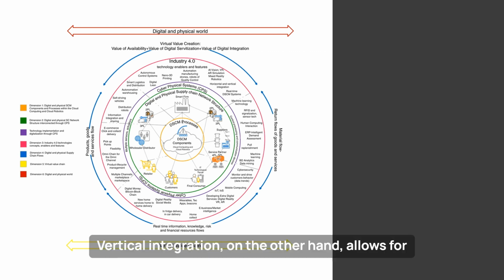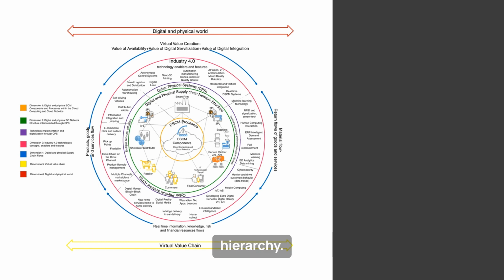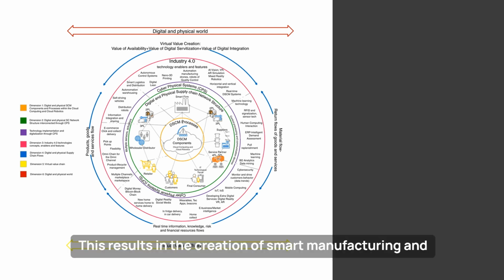Vertical integration, on the other hand, allows for all levels of the factory to be connected from a hierarchy. This results in the creation of smart manufacturing and intelligent factories which are capable of making data-driven decisions and optimizing production processes.